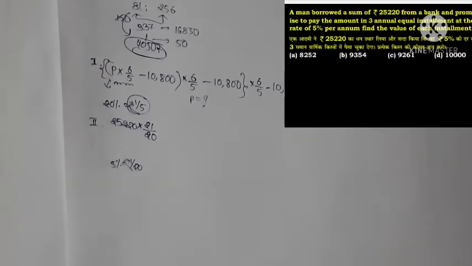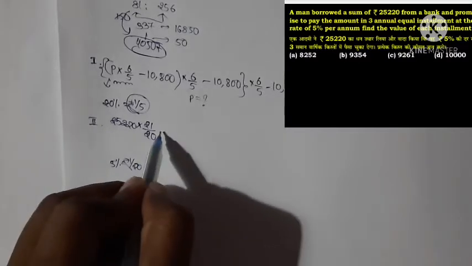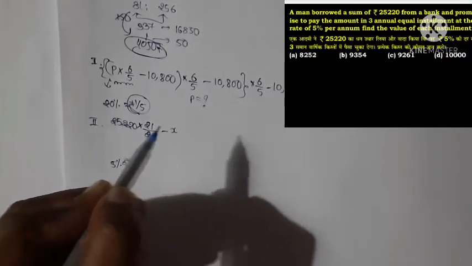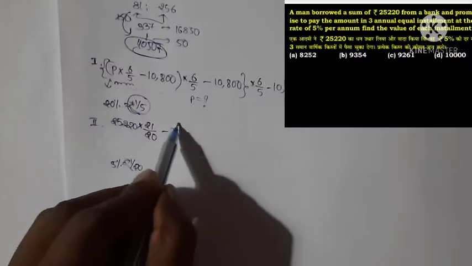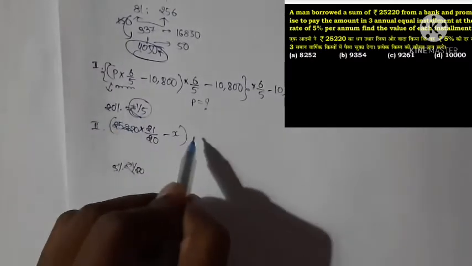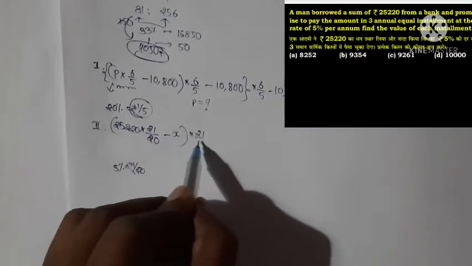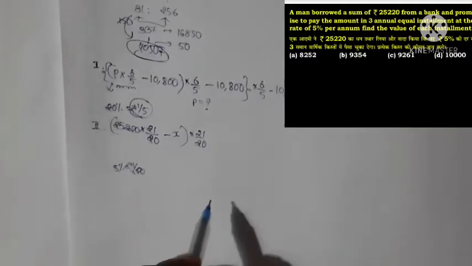So you have to pay equal installments. We don't know the value, so let's say X. After 1 year, once again the rate of interest is 5%, that means 21 by 20.